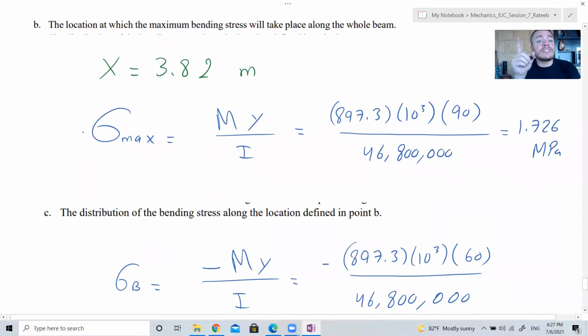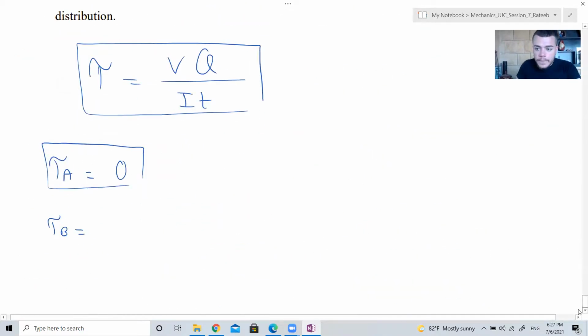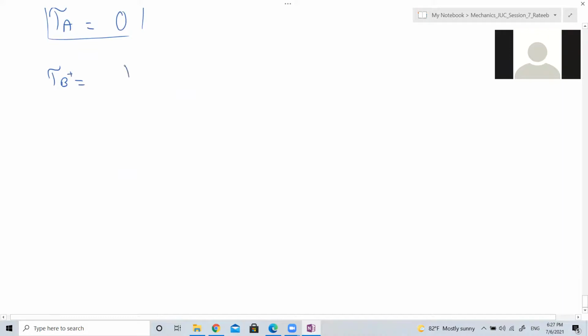What is the shear stress at point B? How many shear stresses do I have at point B? 2. Right, because you can take the thickness to be 120 or you can take it to be 40. You have to take both of them because you have to draw the shear stress distribution.